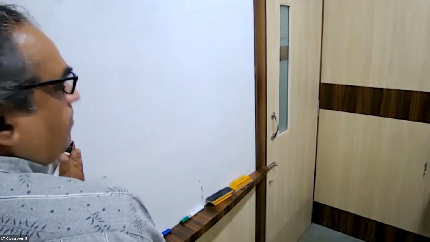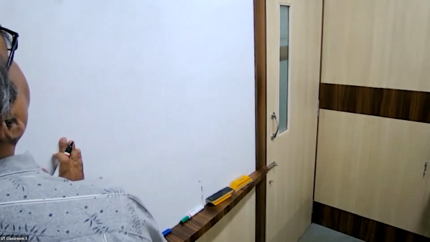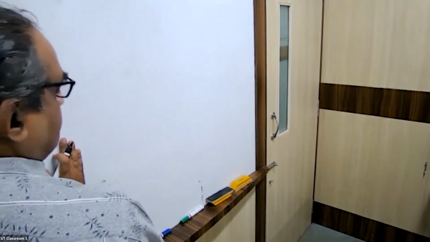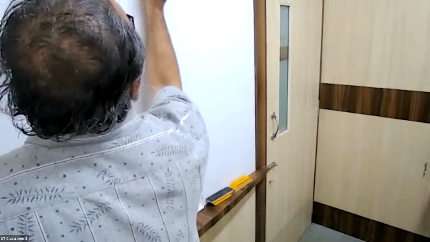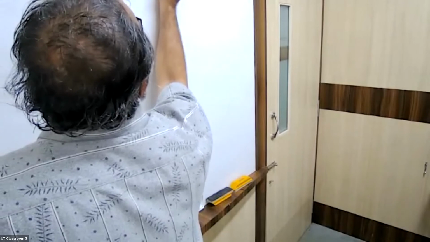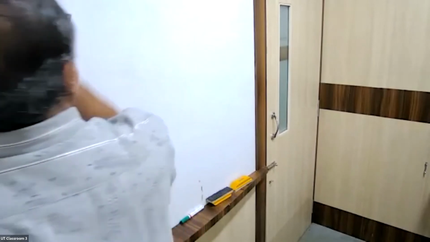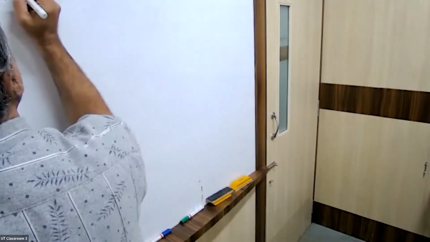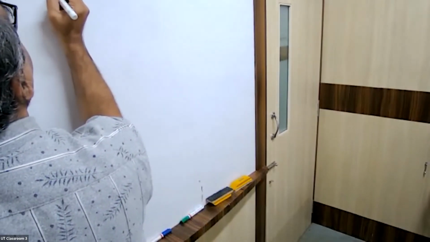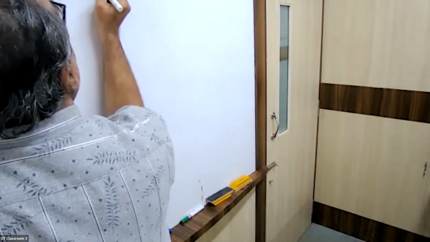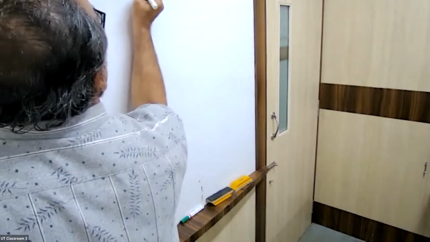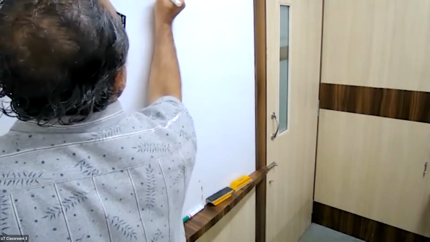The first type of numbers that you learned when you were small, natural numbers. Set of natural numbers denoted by capital N. The second type of numbers that you learned, whole numbers. Start with 0 to infinity.